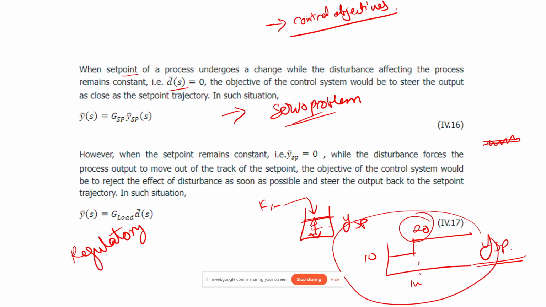So we will be rejecting or nullifying the disturbance to maintain the set point as constant. Since we are keeping the set point constant, to find the corresponding transfer functions we can simply put YSP equal to 0 for the disturbance rejection or regulatory problem. Similarly for the servo problem, we can straight away put the disturbance variable as 0.